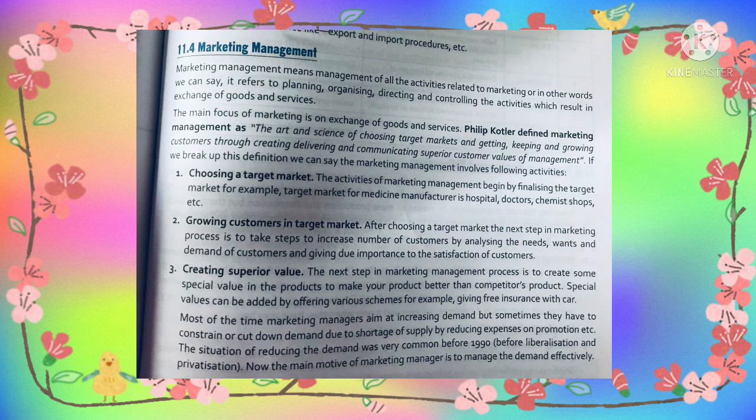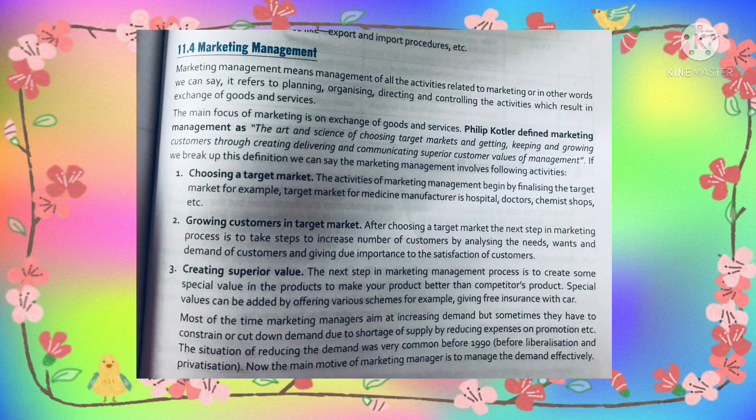Special value can be added by offering various schemes, for example giving free insurance with a car, or something like Bajaj Finance, where you can purchase products in installments and pay the remaining money slowly on a monthly basis.